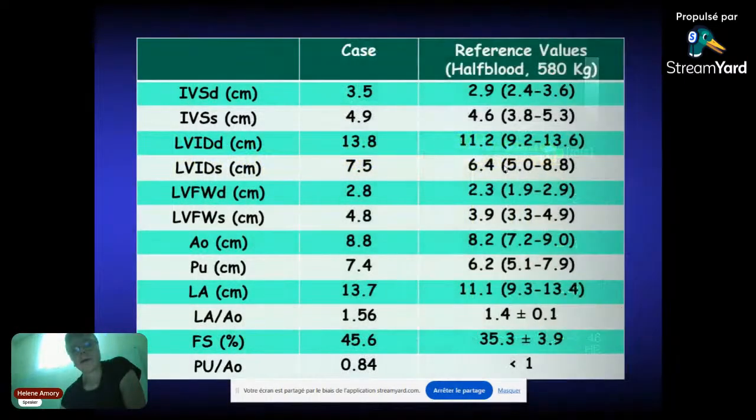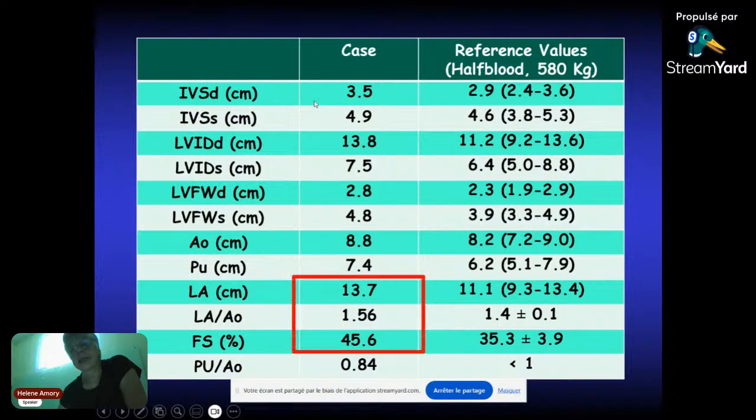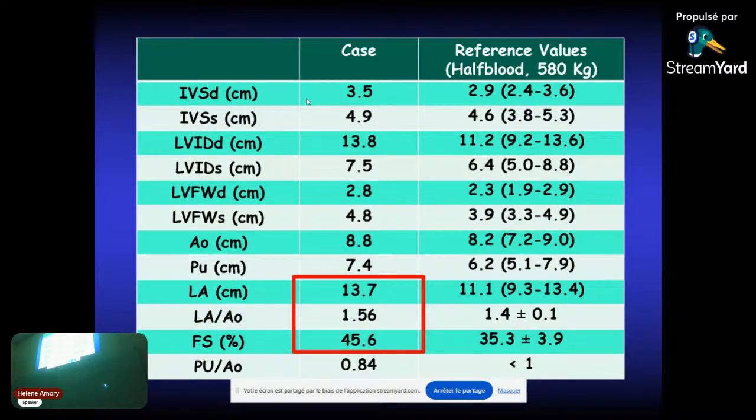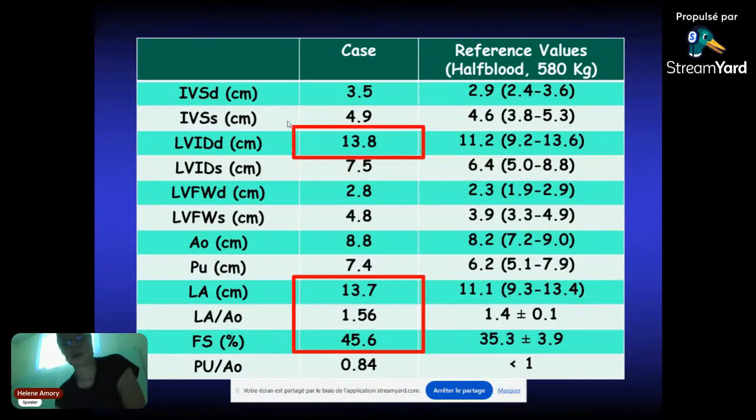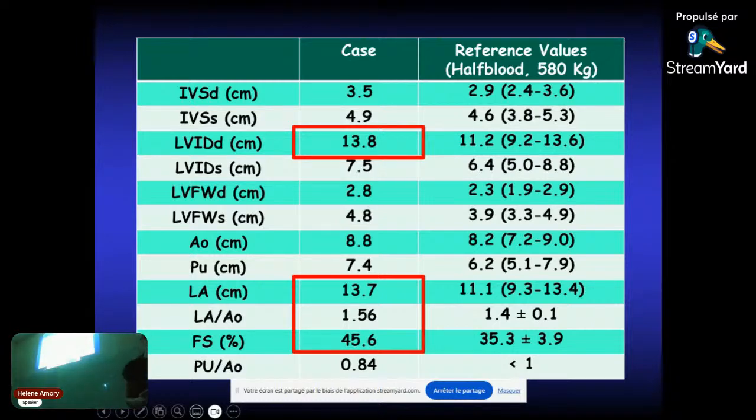We do the measurements and the left atrium is a little bit enlarged, not a lot. The ratio between left atrium and aorta is increased. Fractional shortening is a little bit increased also, and the left ventricle is just above the reference value. Not so good.